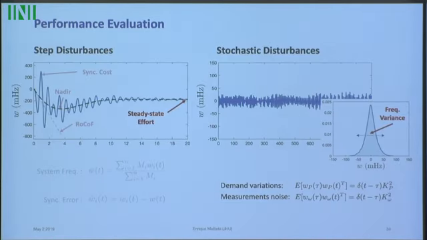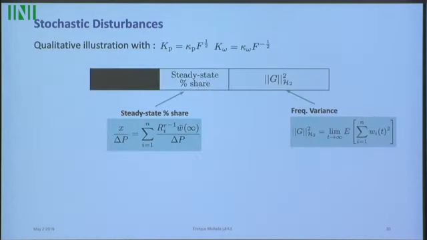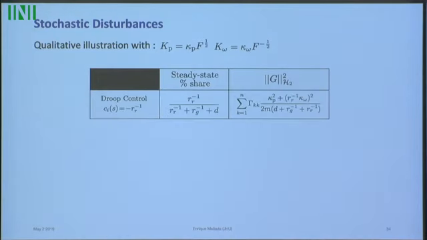Okay, so about stochastic disturbances, let me just mention that we can compute them in a similar way. They have an ugly form, but the point I want to make is that you can improve the response to stochastic disturbances at a certain point using your Droop control. It depends on the inertia too, and on the true inertia of the system.